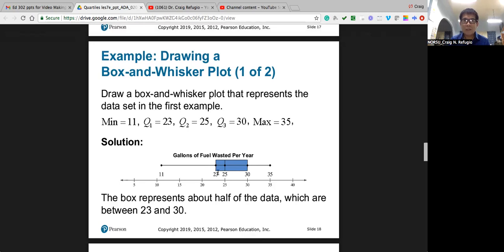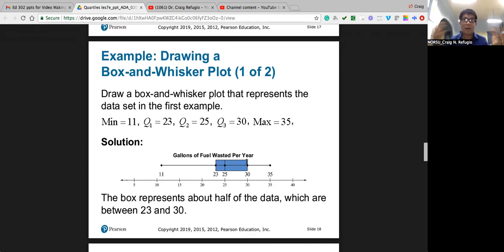Then label also Q2, that's 25, and put also a line. So you notice that we have a line segment for 23, a line segment for 25, a line segment for 30, and then we draw the rectangle or the box.